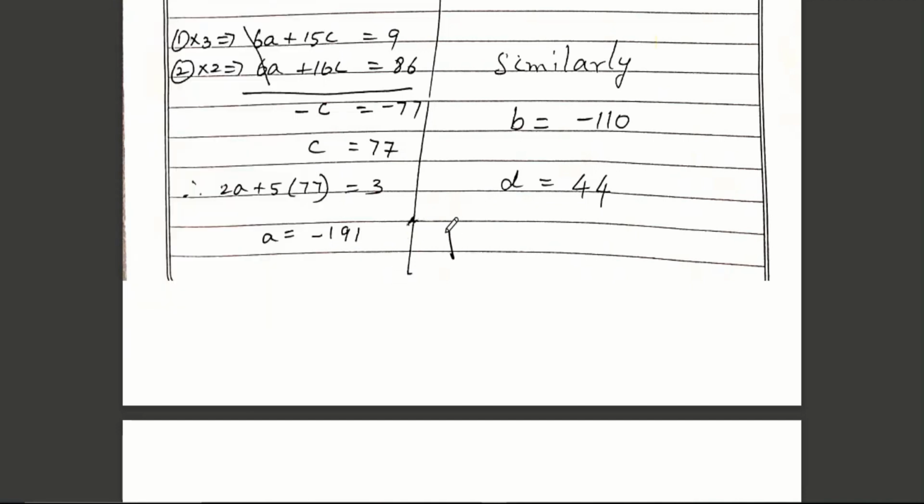Matrix D is equal to: the value of a is minus 191, the value of b is negative 110, the value of c is 77 and the value of d is 44. Because he is not asking you what a, b, c, d are, he is asking you what the D matrix is, hence I should end up with the matrix as the answer. So the answer for this D matrix must be represented like this.